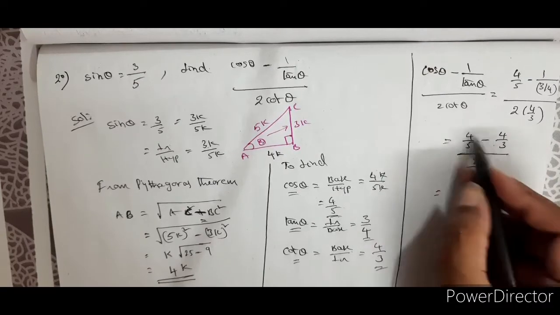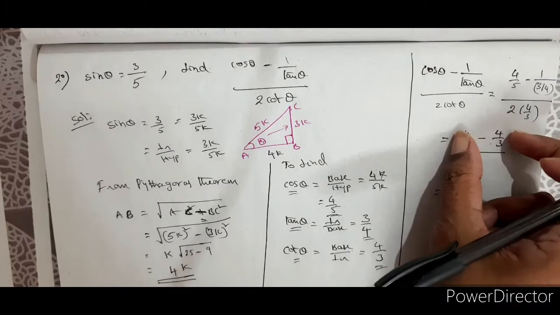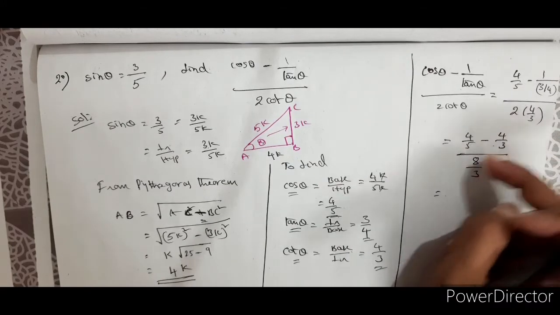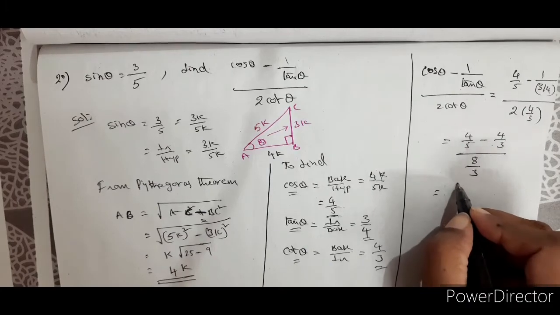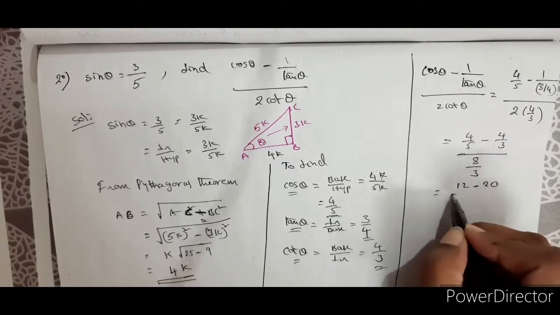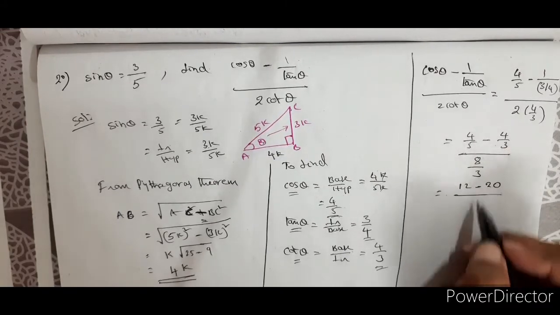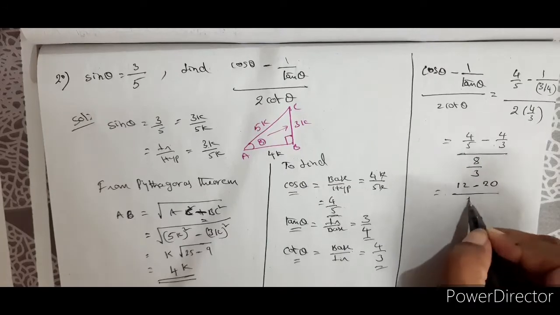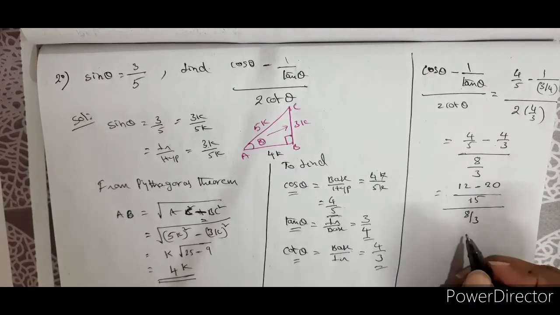So now here you have cross multiplication, because in the numerator fraction you have 5 and 3 in the denominator. So therefore take LCM. 4 3s are 12 minus 4 5s are 20 divided by 15, whole divided by 8 by 3.